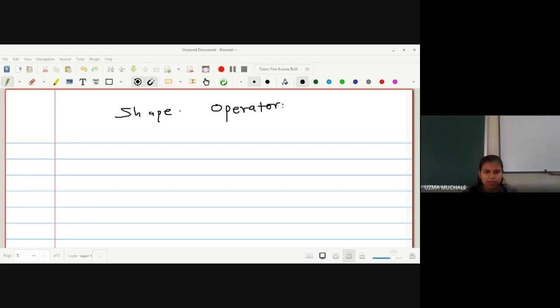Okay, let us start. Shape operator. For a curve, there is only one direction to move. Okay, because the curve is moving in only one direction, but shape is measured by taking the rate of change of a tangent vector to the curve, right? Because if I want to find a tangent to the surface, it means that I am finding a velocity vector of the curve.